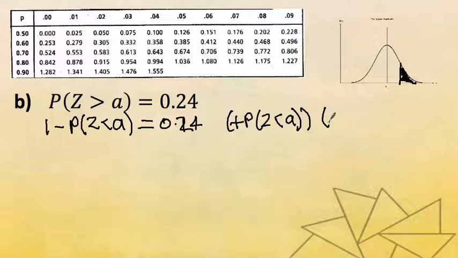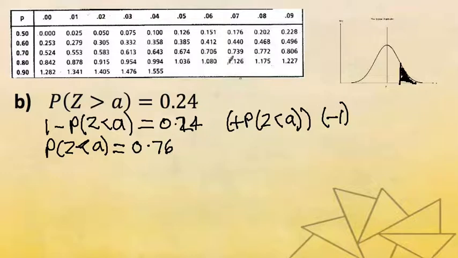And I'm going to subtract 1 from both sides, so that I get probability Z less than A is equal to 0.76. And let's not subtract 1 from both sides. Sorry, I don't know why I'm subtracting 1 from both sides there. I should be, in fact, subtracting 0.24 from both sides.